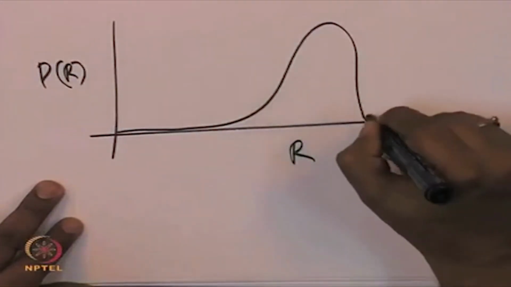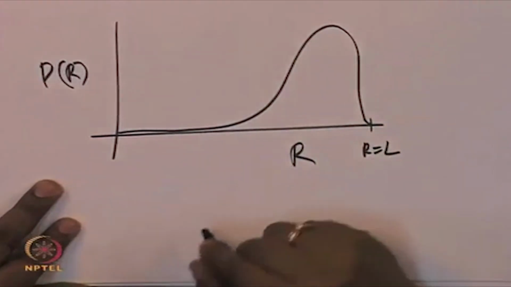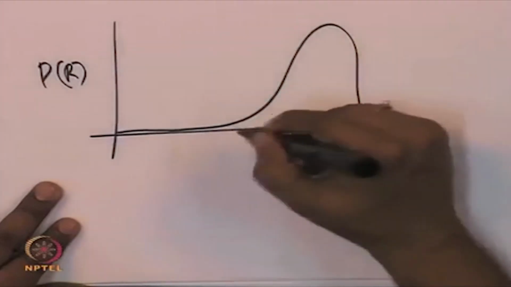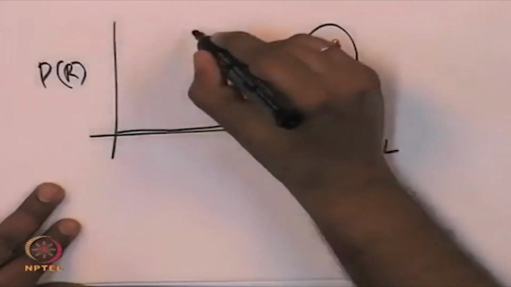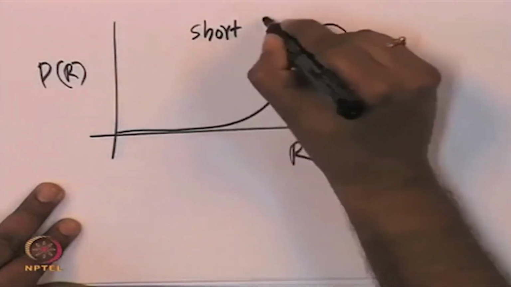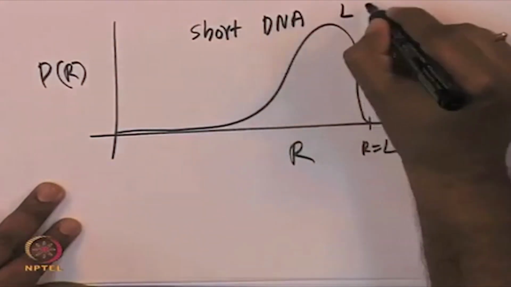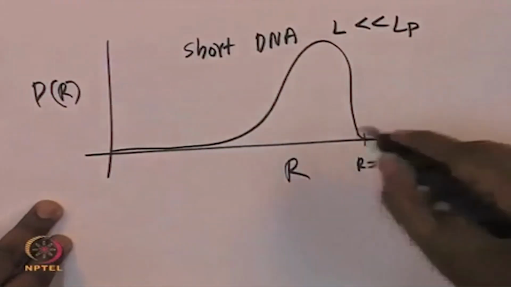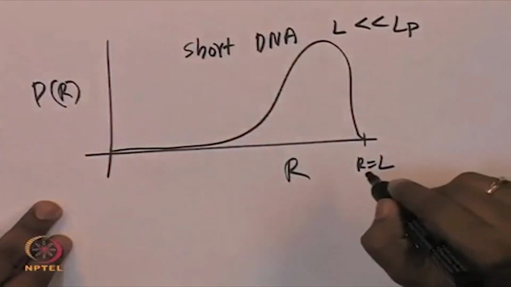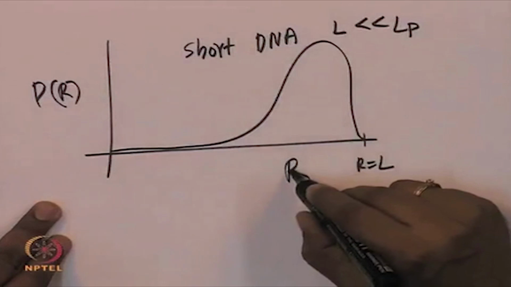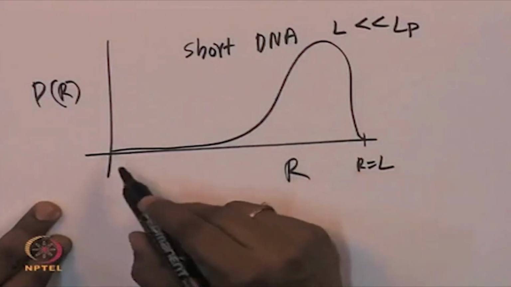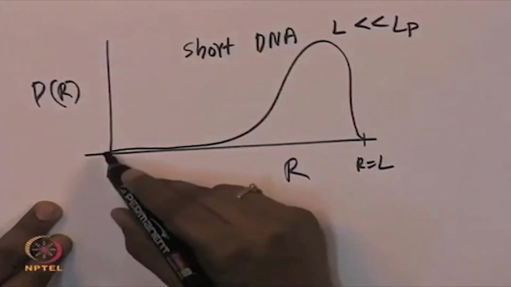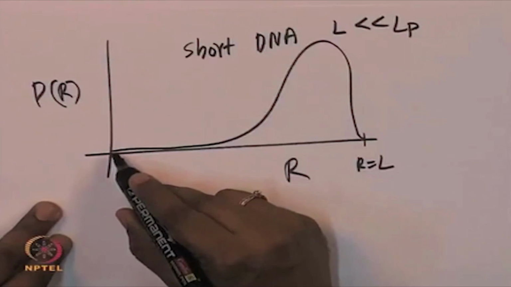Most of the time r will be very close to L, the total length, where r is the end to end distance. This is for short DNA, with length much less than the persistence length. So, you see that the probability that r is equal to 0, that is the looping probability, that these two ends come together, is very small. It's not 0, but very close to 0.